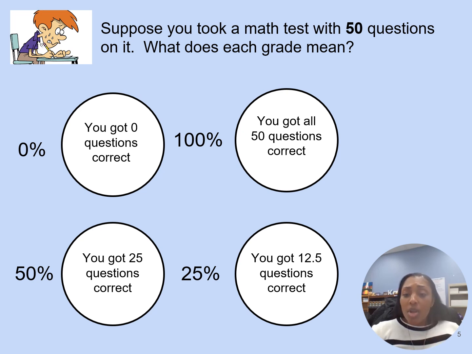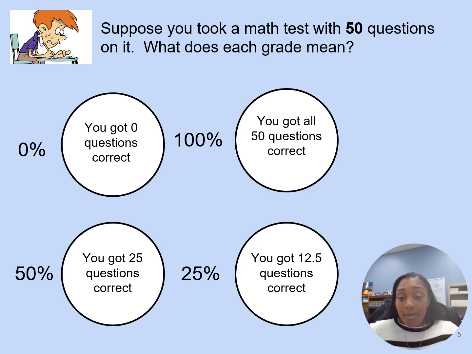So the pattern I want you guys to start picking up on is, what do these percentages mean? What does 0% mean in each situation? So in the last situation, 0% meant 0 questions. And even in this situation, even though it's a different test, 0% still means 0. In the last example, 100% meant you got all the questions correct.